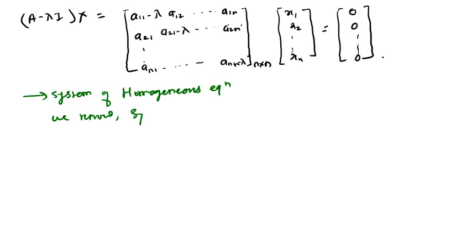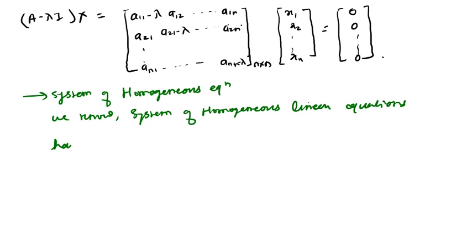The system of homogeneous linear equations has non-zero solutions if and only if the determinant of A minus lambda I is equal to 0.